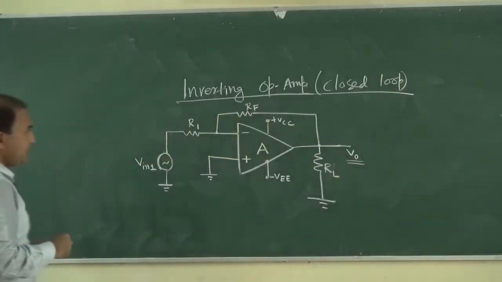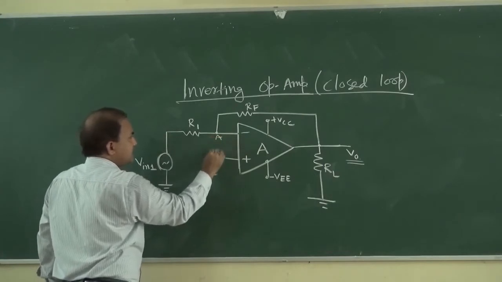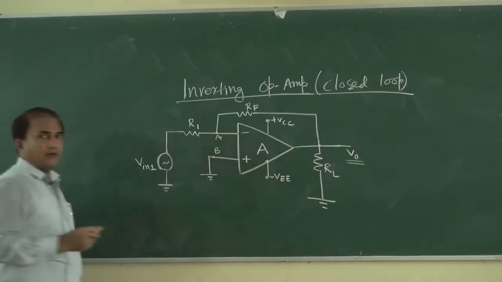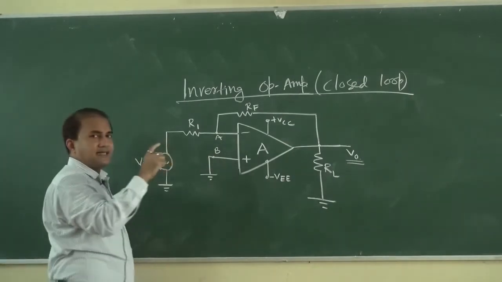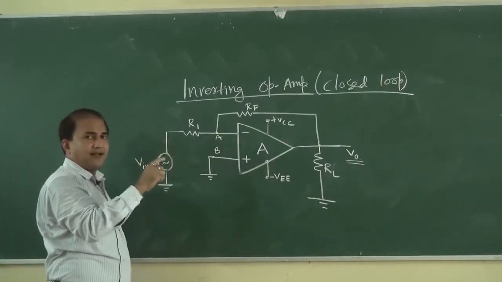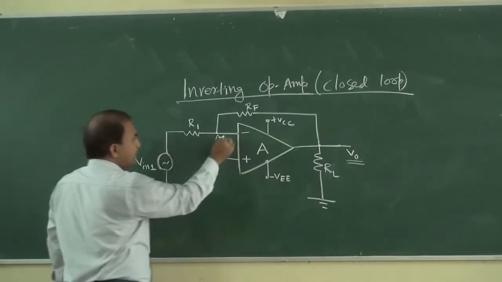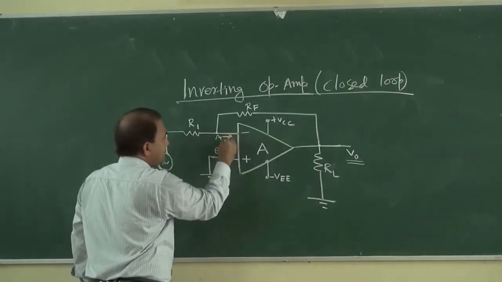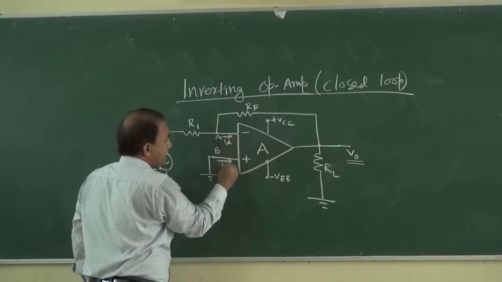Suppose this point is A and this point is B. Now we know that the input resistance of operational amplifier in ideal case is infinite.